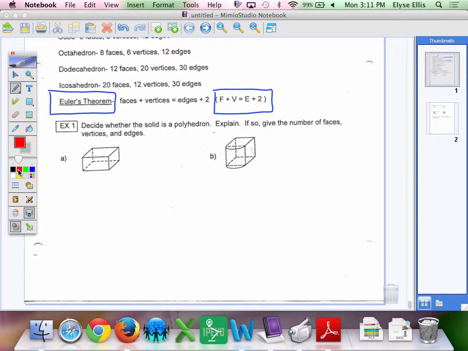So first thing, example 1, decide whether the solid is a polyhedron. So using your vocab. And then we need to explain. If it is, give the number of faces, vertices, and edges. Well, in picture A, it kind of looks like a box, if you're packing a package to send in the mail. Is it a polyhedron? Yes, it is. And the reason we know that is because all of those faces are polygons.